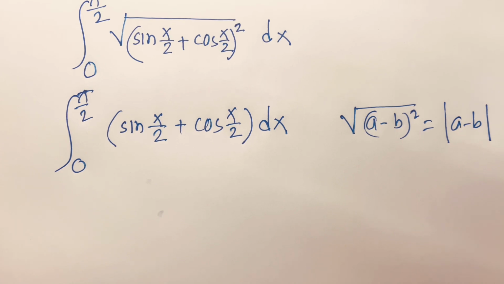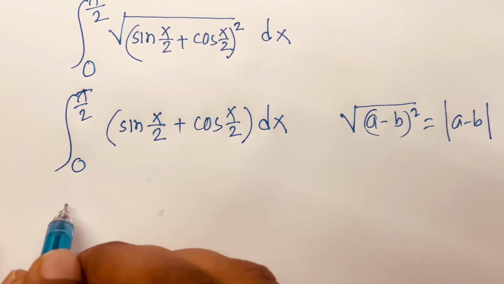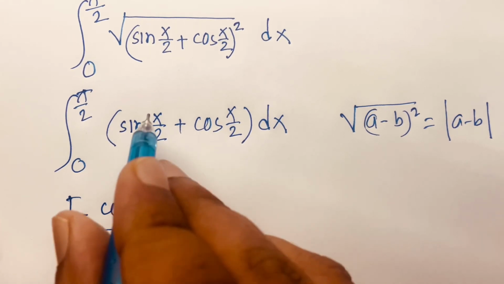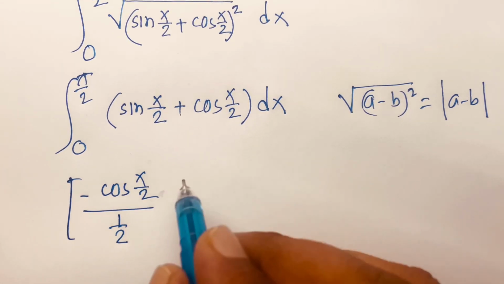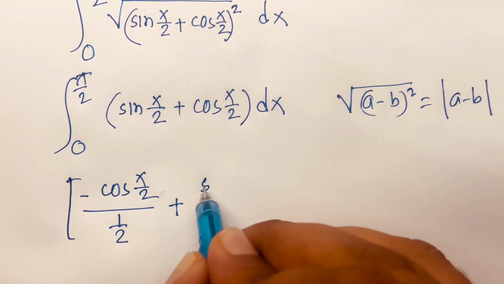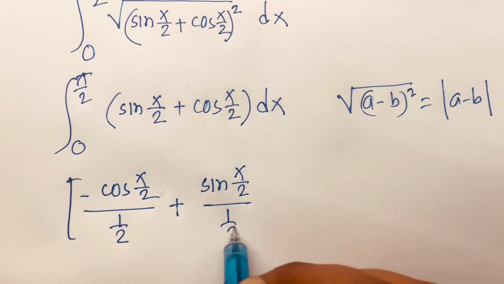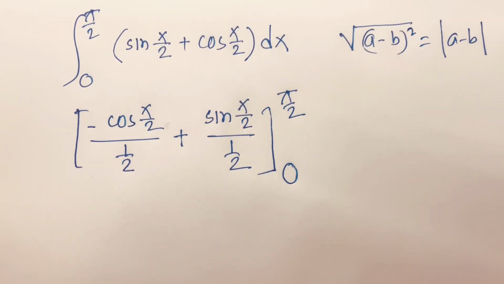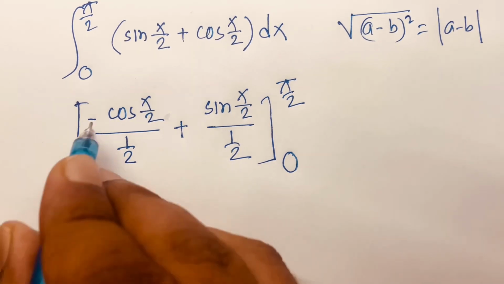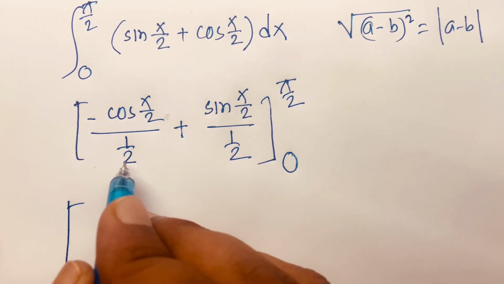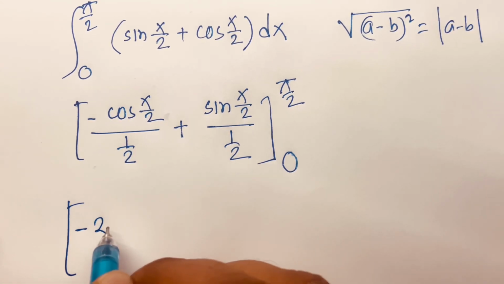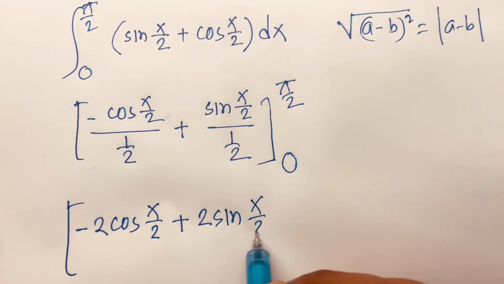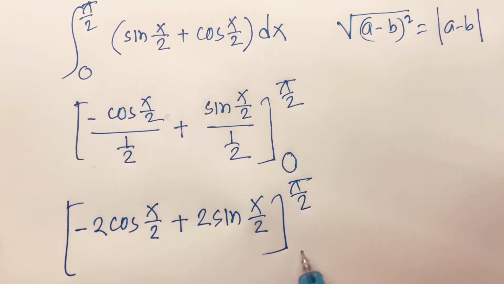Then I can easily see the integral of sin x by 2 will be minus cos x by 2 over 1 over 2, and plus cos x by 2 will be sin x by 2 over half, with upper limit pi by 2 and lower limit 0. So it will be minus cos x by 2 with 1 over 2, and if I reverse this, I can say minus 2 cos x by 2 plus 2 sin x by 2, bracket, pi over 2 and 0.